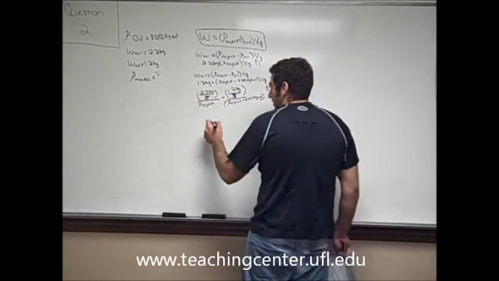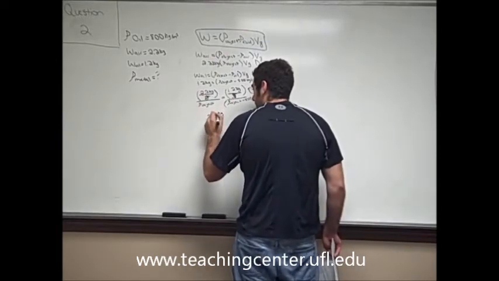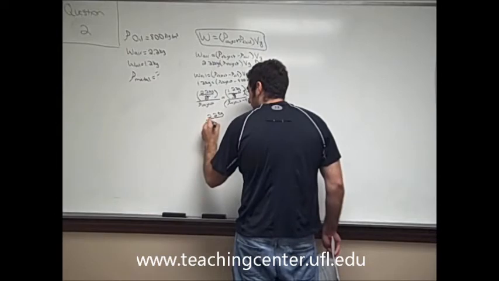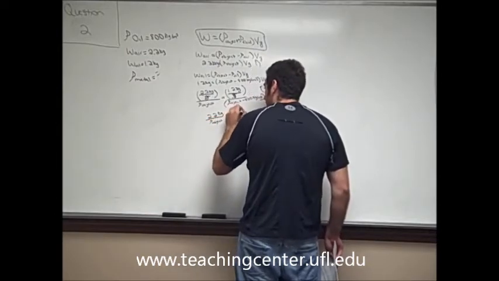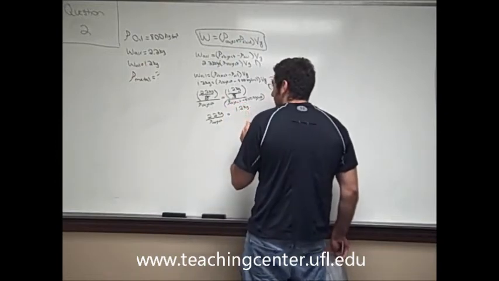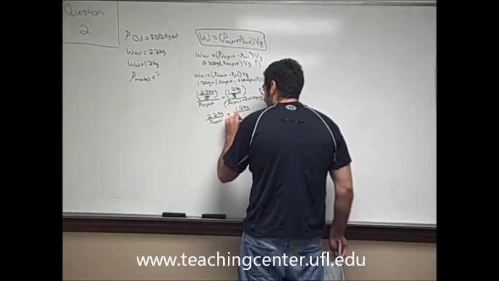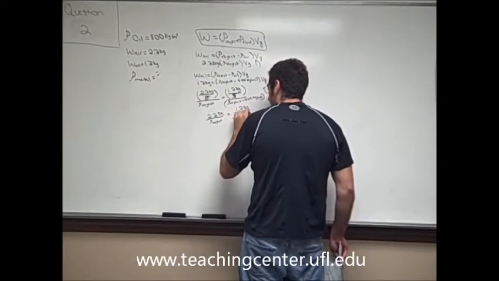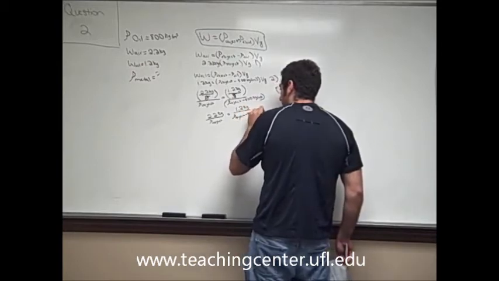So we have 2.2 kilograms over the density of the object, or the metal, is equal to 1.2 kilograms over the density of the object minus 800 kilograms per meter cubed.